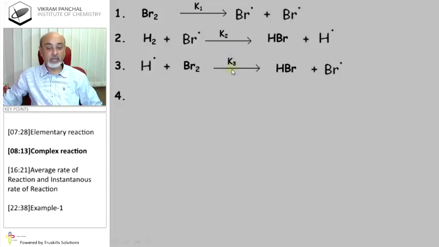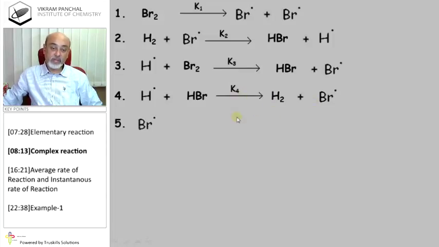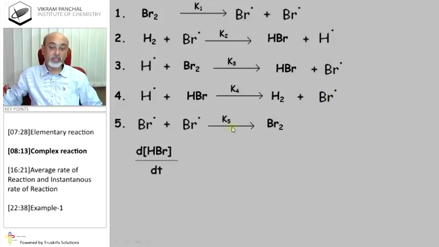Rate constant is K3. Fourth step, hydrogen free radical also reacts with HBr and produces H2 plus bromine free radical. Rate constant K4. Last step, bromine free radical reacts with bromine free radical and produces bromine. So K5 is the rate constant.